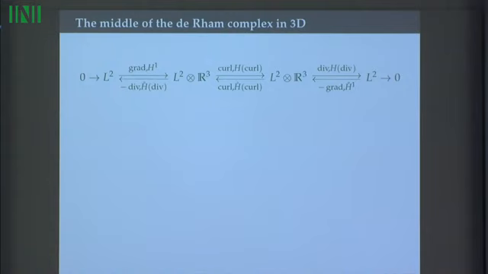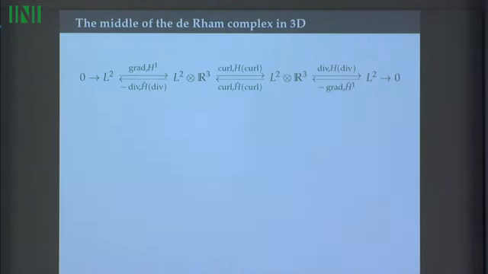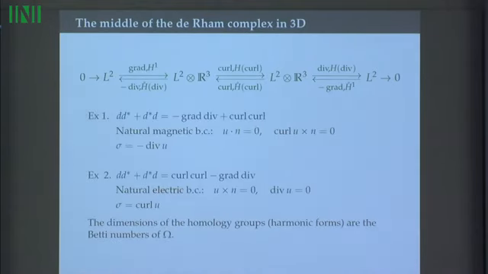So let's write down the adjoints. There they are. So if we take the grad and the div case, and I just write down the strong form, you get minus grad div plus curl curl. That's the vector Laplacian or Hodge Laplacian, which arises in a lot of applications.